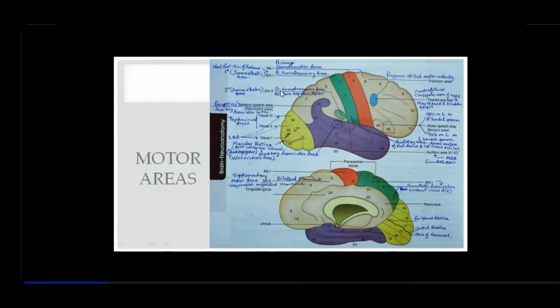Then some areas have more granular cells, which means they are predominantly sensory in function. Such areas are written as SM1, SM2. This is called sensory motor cortex, and this one is called motor sensory cortex.